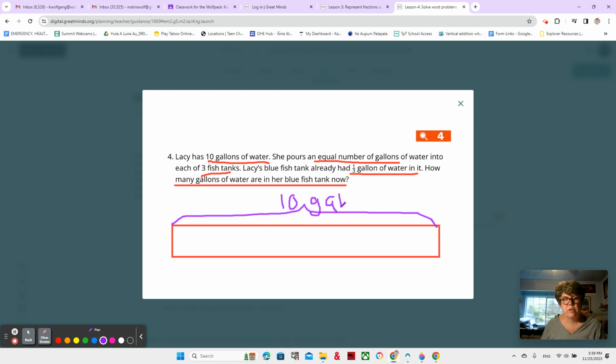And we're dividing those 10 gallons of water into 3 groups, 3 different fish tanks. So our first question is, how much is in each tank? And then we need to deal with the second part of the problem, where one of the tanks already had 1/3 of a gallon in it, right?